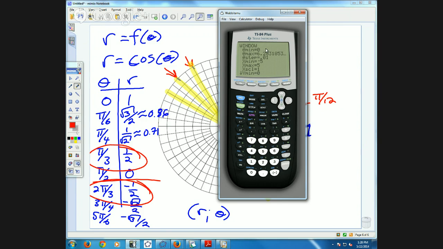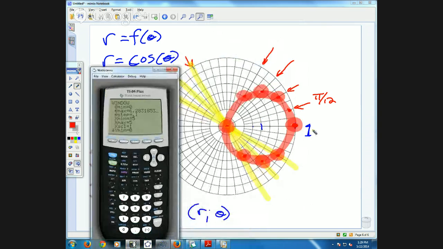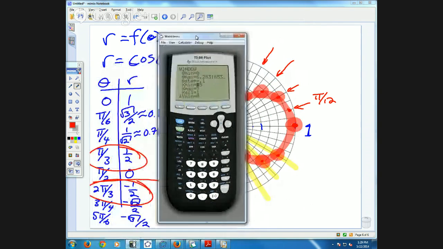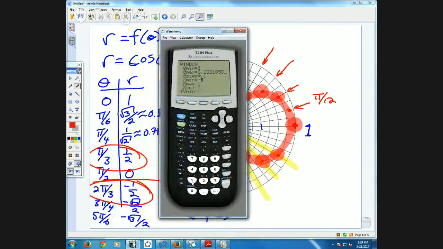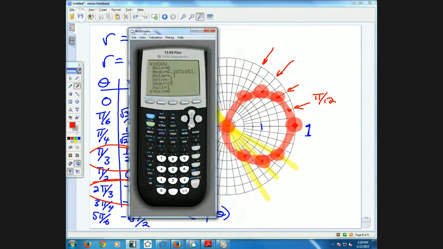So for theta, I'm going to go from 0 to 2 pi. I'm going to step by 0.1. For x, I can kind of look at this and guess, 0 to 1 is really all I need to see. I'm going to go from -1 to 2, give myself a little room. And for y, I'll go from -2 to 2.